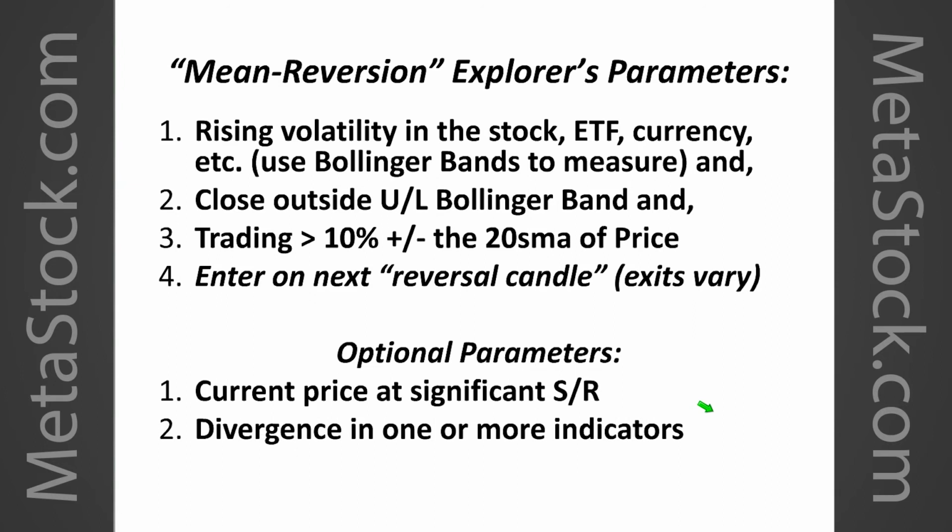Secondly, I do like to look for divergence in some of the other momentum indicators. So I might put on a 5-period RSI, or a 20-period CCI, the Commodity Channel Index, or stochastics, or on-balance volume, those sorts of things, to see if in a long candidate I'm getting a higher low even as price is making a lower low.